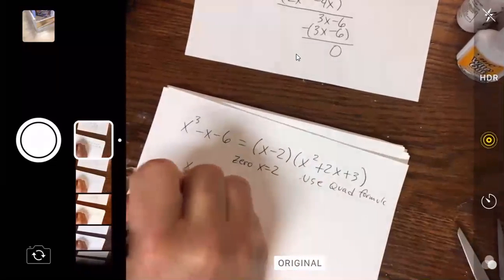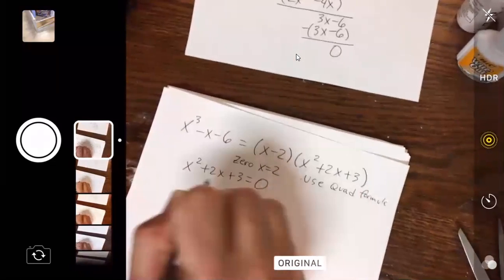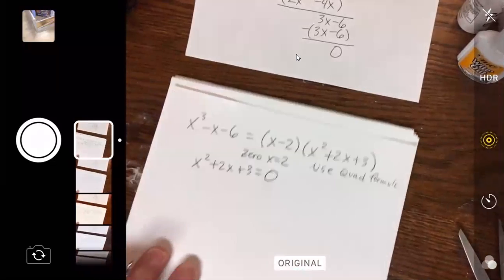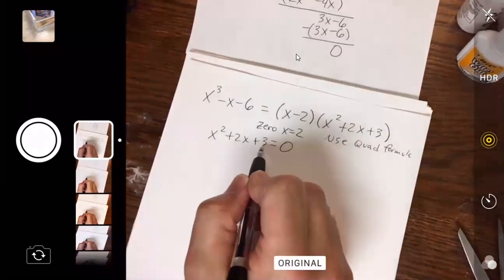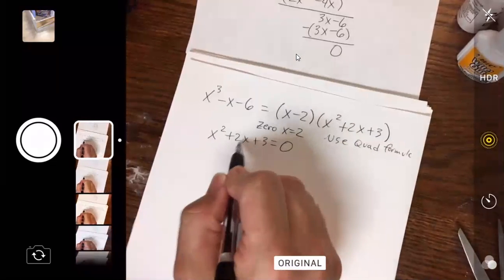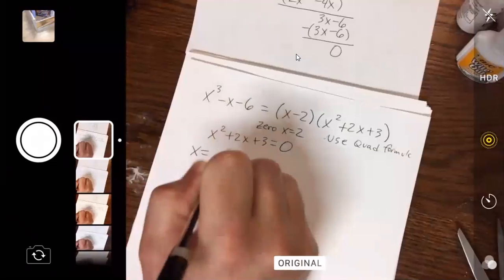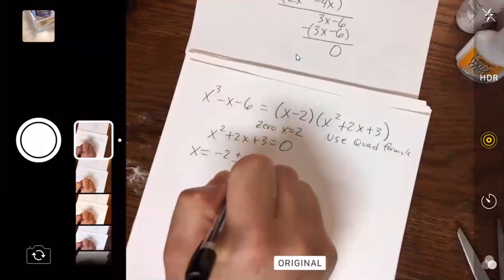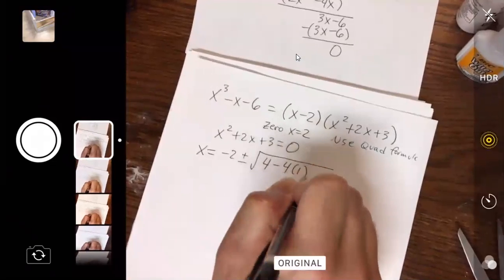So for x squared plus 2x plus 3 equals 0, you could factor it if you want. I don't think the signs are right to factor it. You'd have x plus 3, x plus 1, and you'd get a 4 instead of a 2. So we're stuck with the formula: -2, plus or minus the square root of 2 squared, which is 4, minus 4 times 1 times 3.